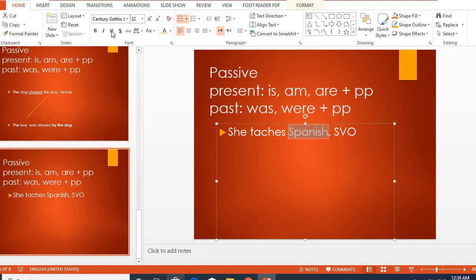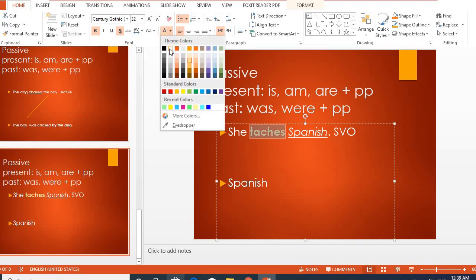Number 1, I have to take the object. What is the object? The object is Spanish. So the first part of my passive is the word Spanish, because Spanish is the object of the sentence. Spanish. Look at the verb. Is my verb present or past?